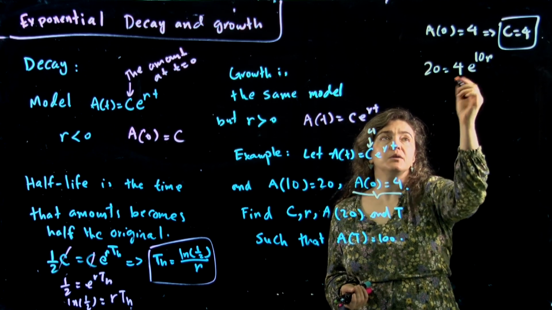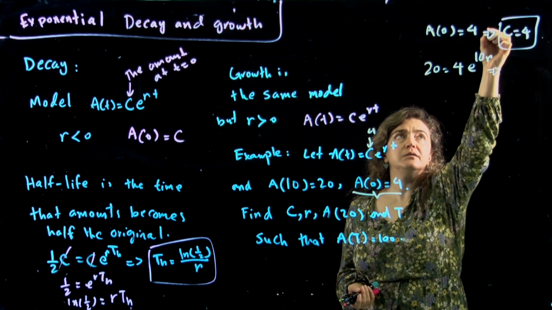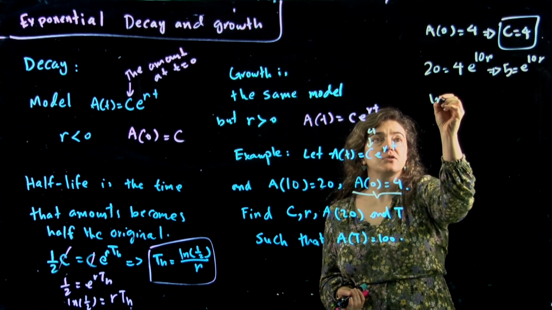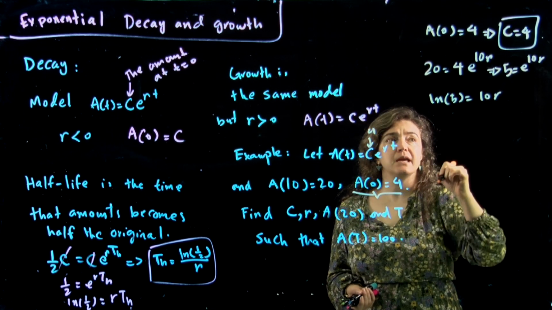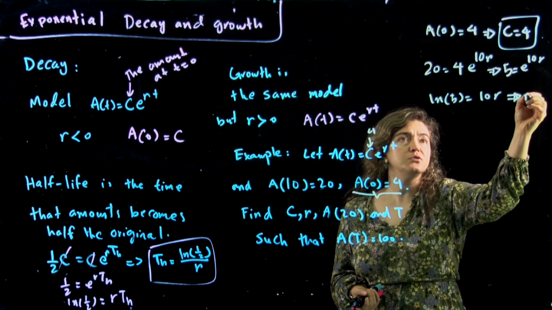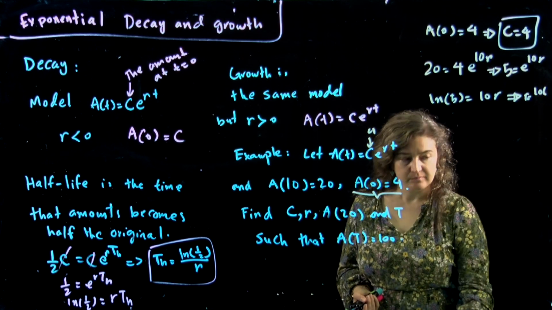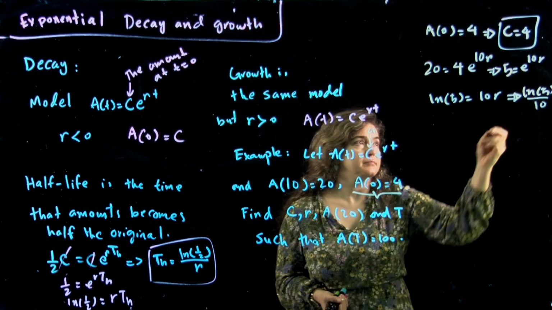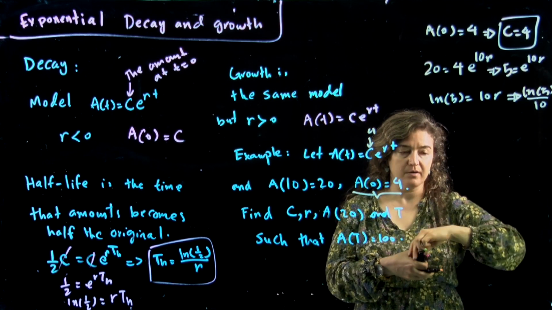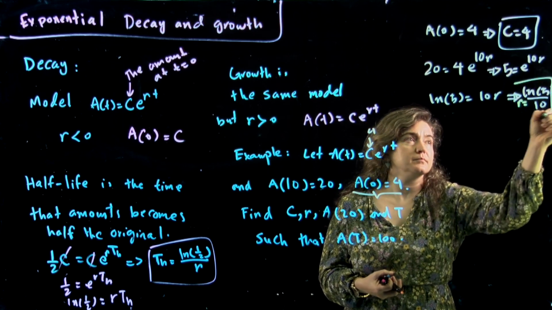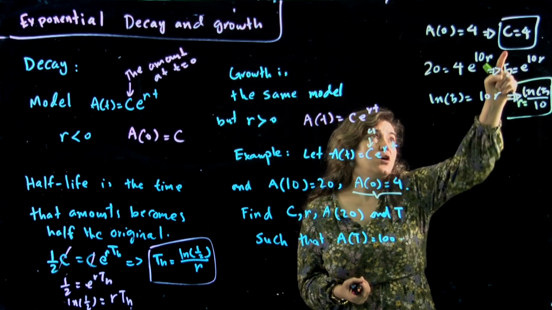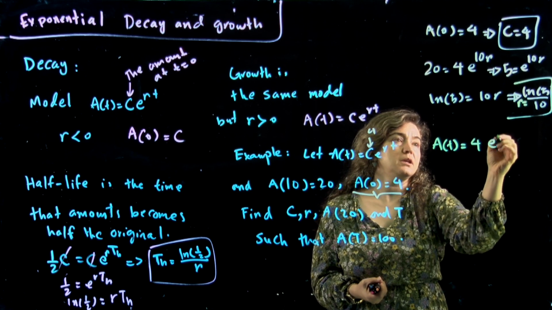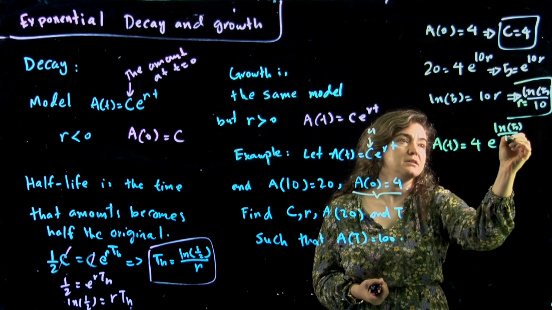Now solve for r by first dividing by 4 to get 5, and then taking the natural log of both sides. 10r, and r is going to be ln of 5 divided by 10, equal to r. Let's rewrite the model. Now that I have r and c, I'm writing a of t is equal to 4 e to the power ln of 5 divided by 10 times t.